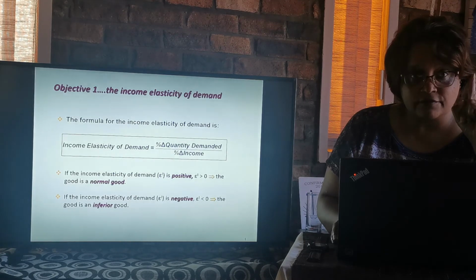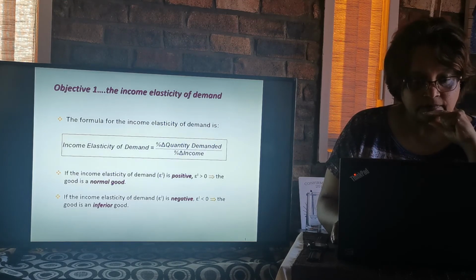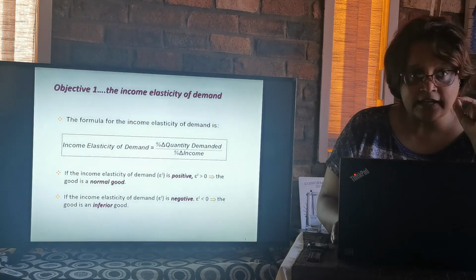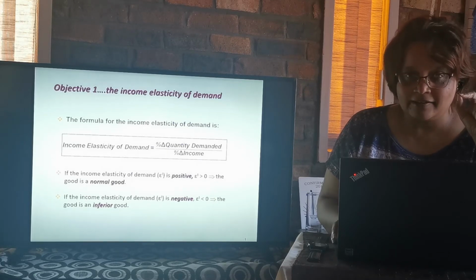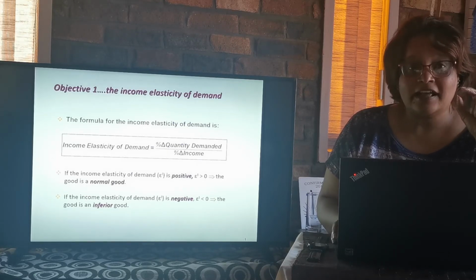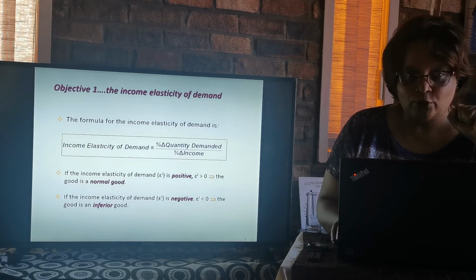If the result is positive, we know it's a normal good. If the result is negative, we know it's an inferior good. So if the elasticity that you are determining there is less than 1, then it is, yes, you read, an inferior good. If it's more than 1, then it is a normal good.